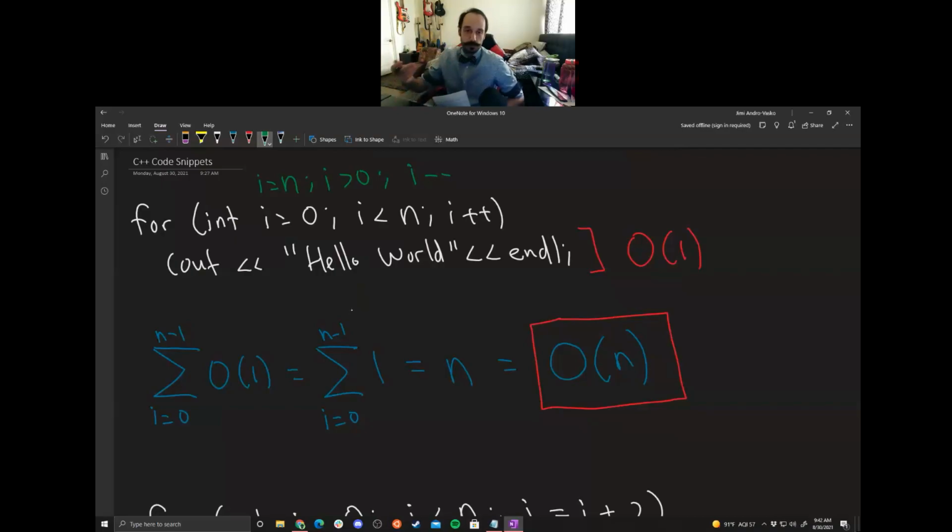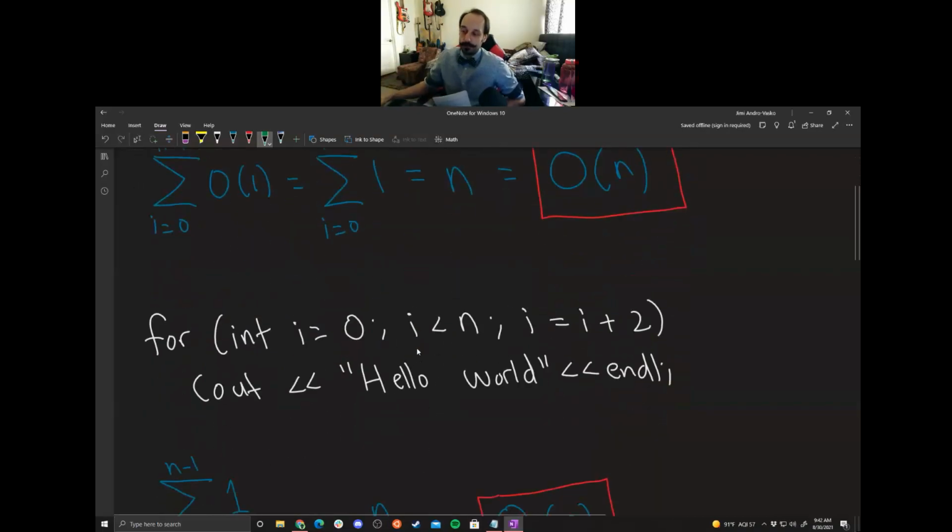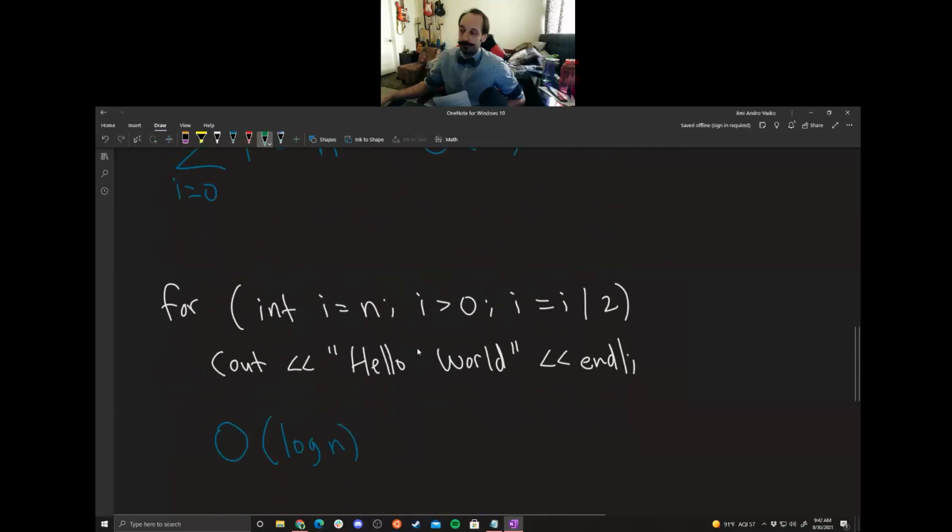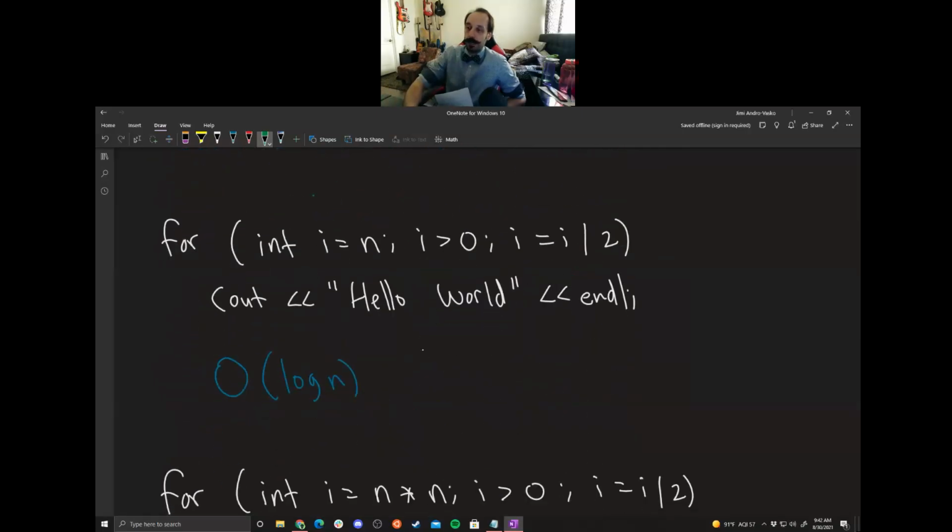So I could do this on the exam just so it won't be the exact same problems I will cover in class. And also, for the log functions, I could have i equals 1, i less than n, i equals i times 2, the same idea. It's going to be log of n.